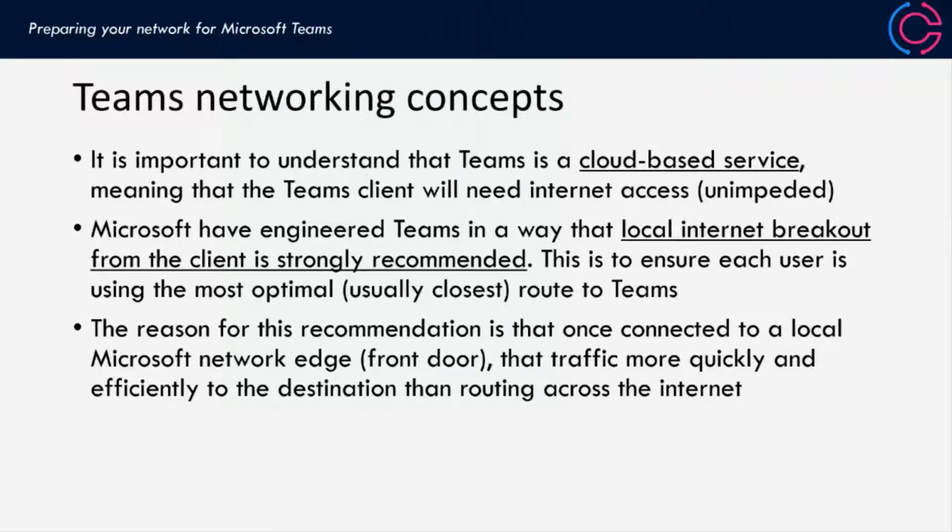So if you've got a user based in the UK, you potentially want them to be connecting to UK services and then routing to the Microsoft Teams service, which might not be in the UK, it might be in Amsterdam or Dublin or wherever. And the intent there is that you are routing the traffic through Microsoft dark fibers or private network without having to route that distance across the internet.